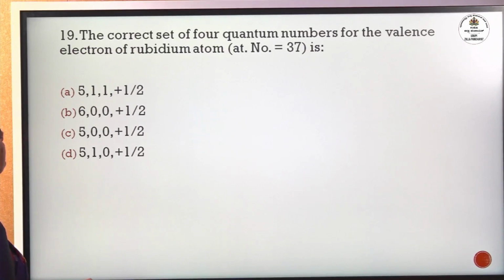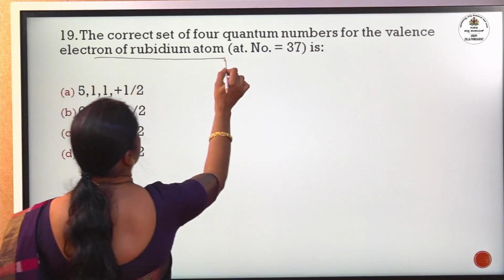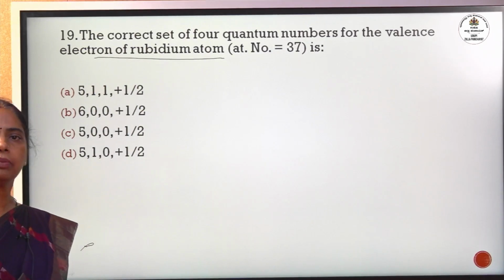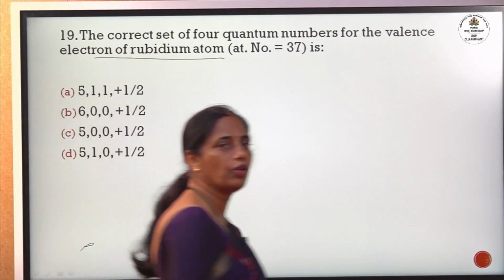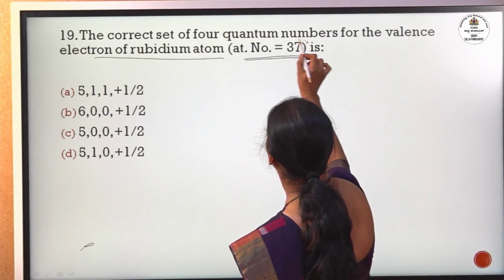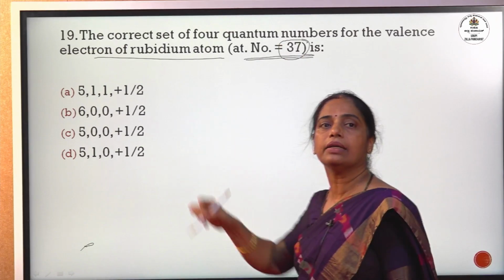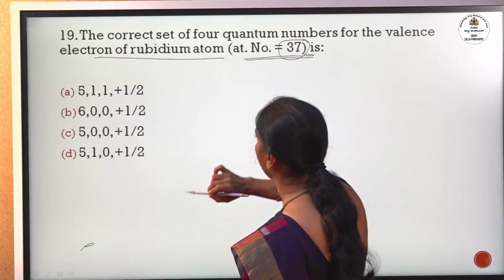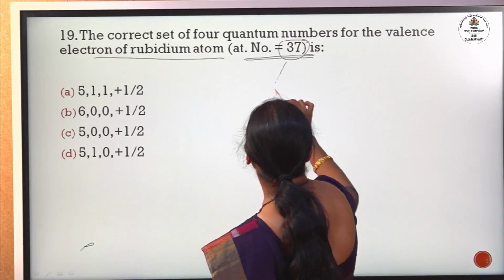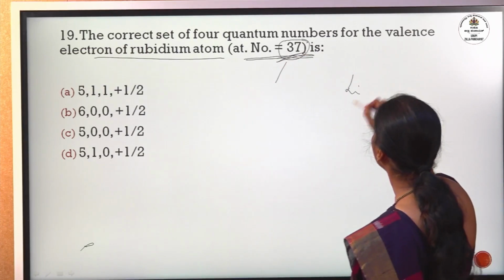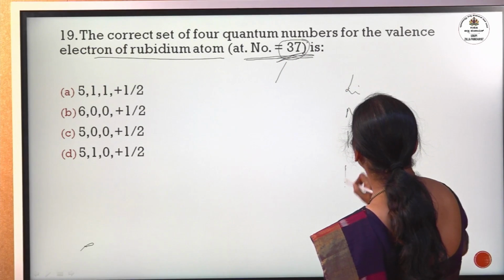The correct set of four quantum numbers for the valence electron of rubidium atom. Now, we have to select the correct set of quantum numbers for the valence electron of rubidium atom. Now, atomic number is given. From the atomic number, you can get the shell and subshell of the valence electron of rubidium, or else you can go, rubidium is present in first group, that is lithium, sodium, potassium, rubidium.